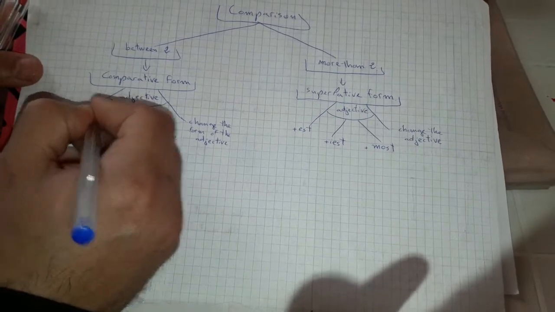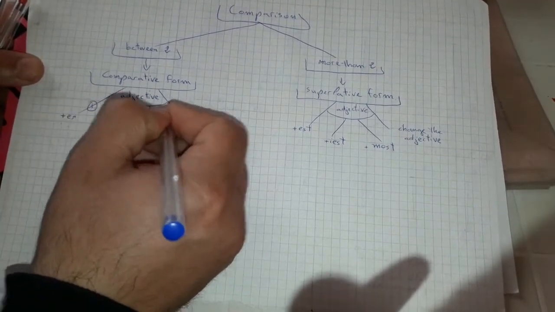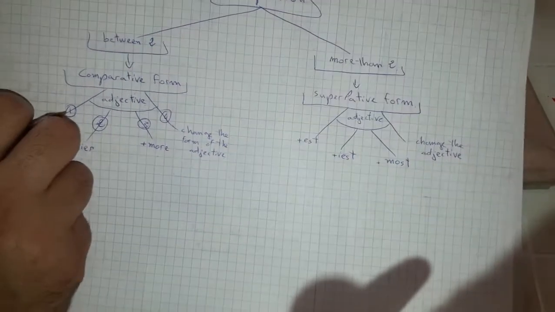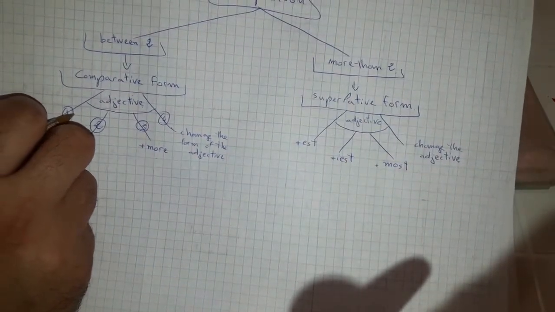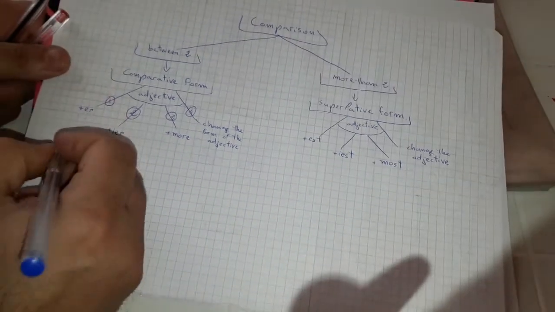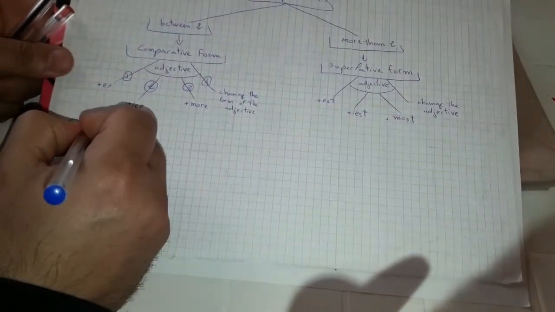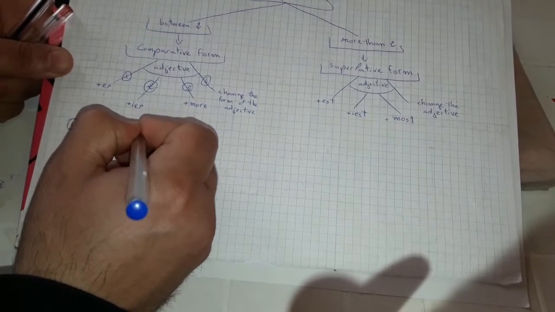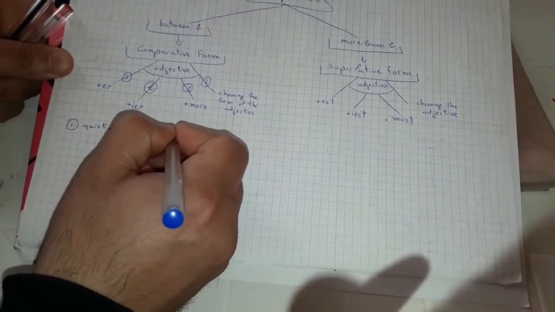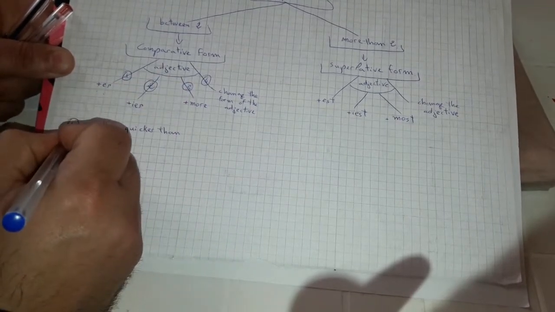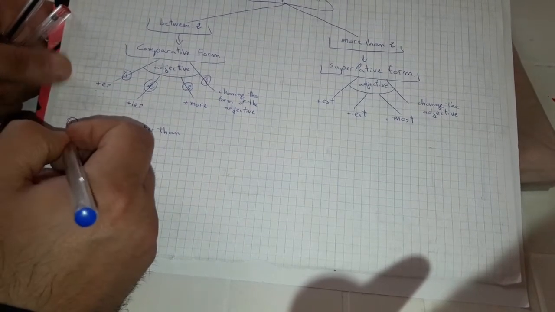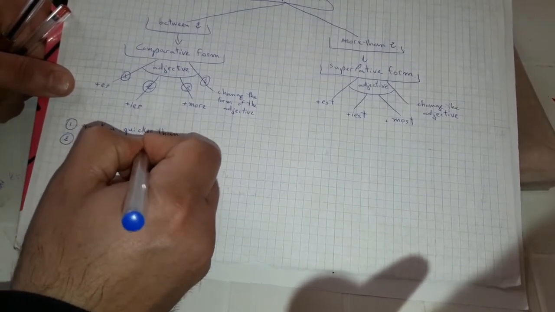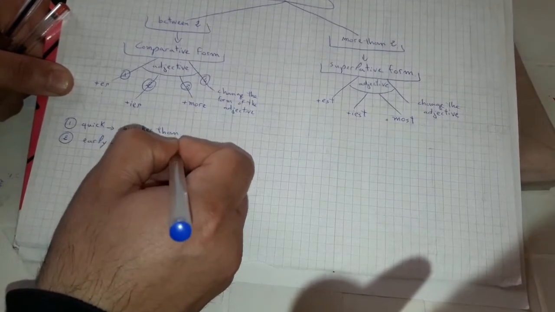For example, let's give examples. Number one, an adjective like quick: quicker than. Number two, early: earlier than.